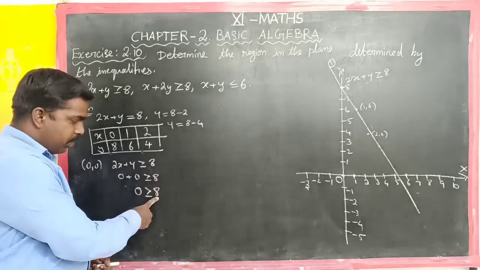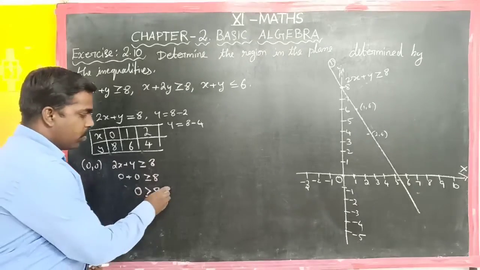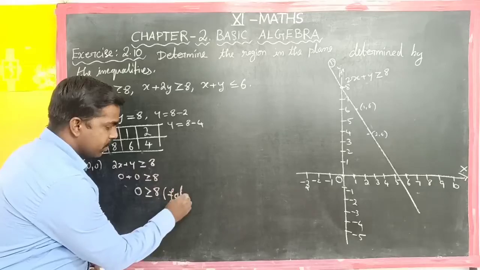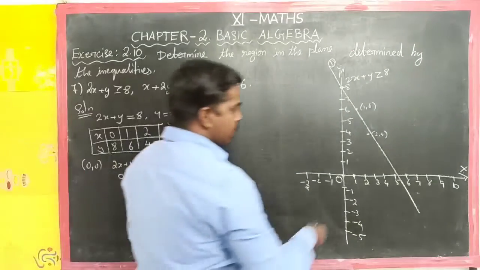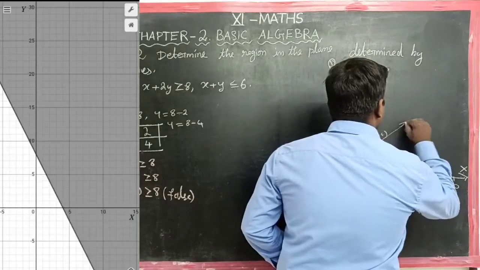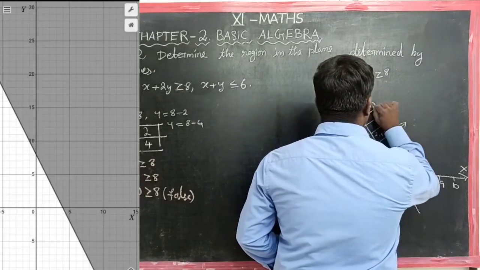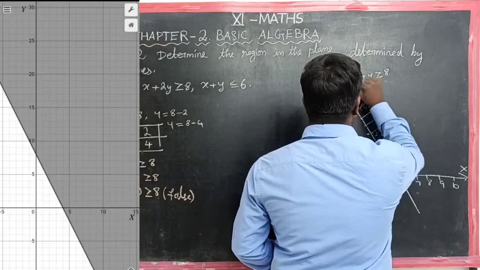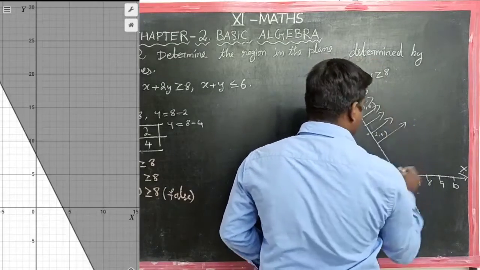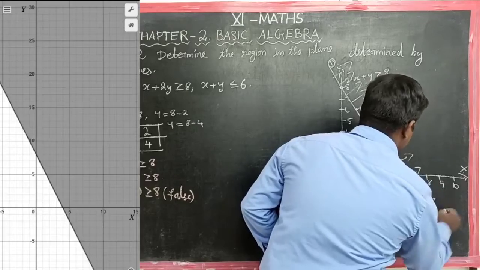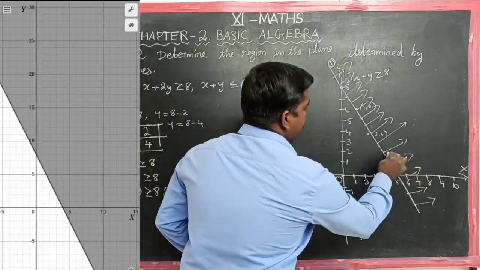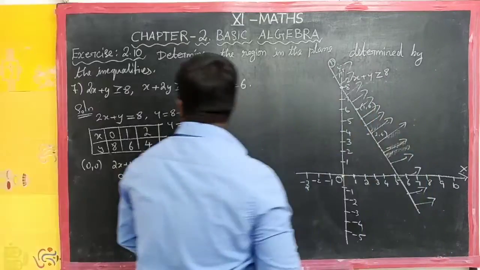Is it true? No, it is false. So that means we should shade upward to the line, because 0, 0, the point, lies below the line. We have to shade on the right hand side.